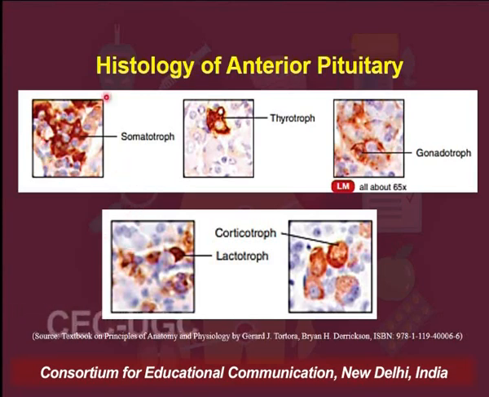In this slide you can see there are 5 different types of cells. It includes somatotrophs, thyrotrophs, gonadotrophs, lactotrophs and corticotrophs. You must be wondering how come these cells are appearing brownish in color. That is simply because of the immunohistochemical localization of these hormones.